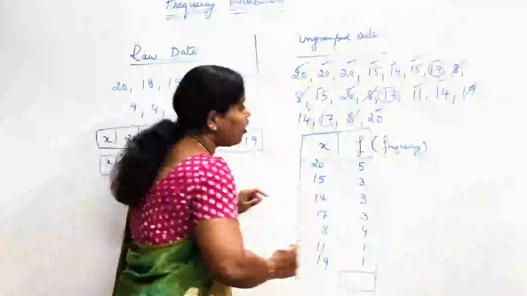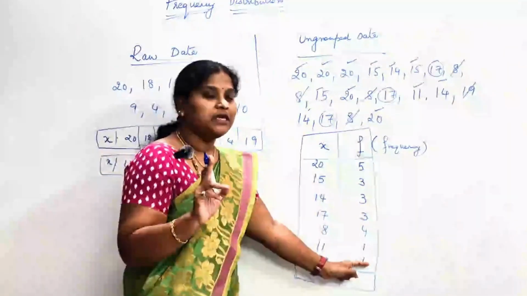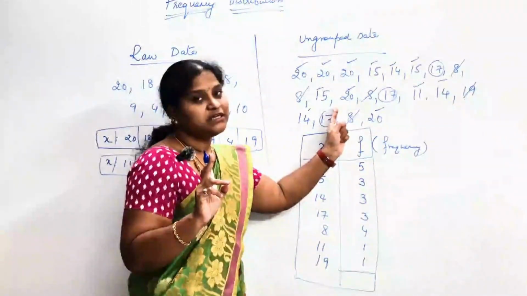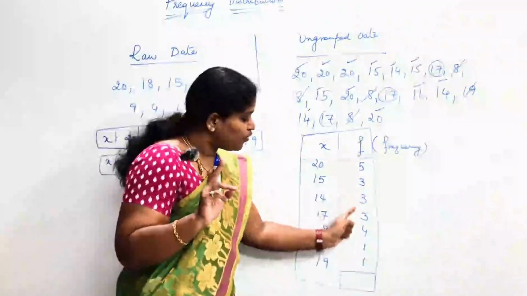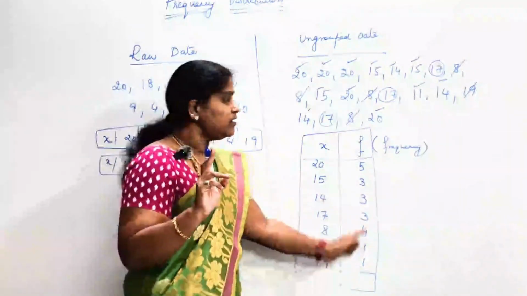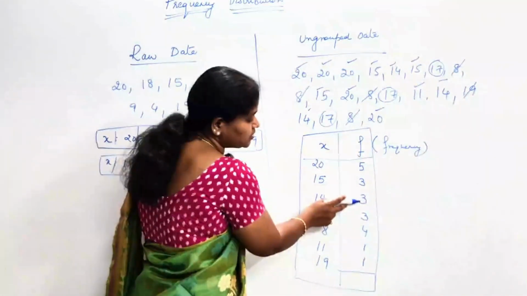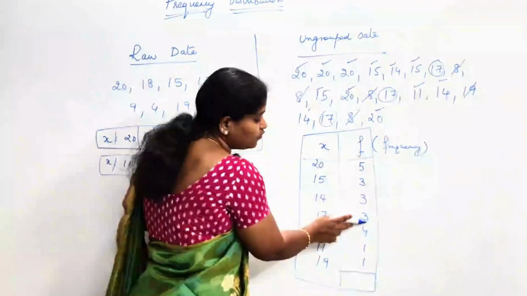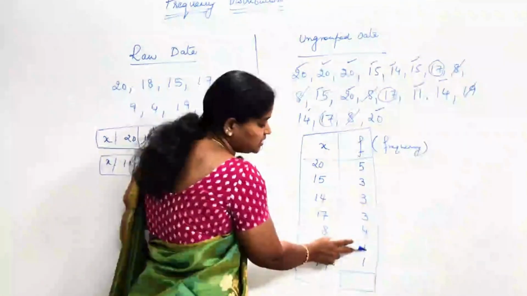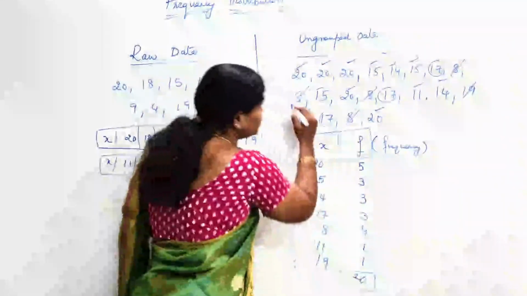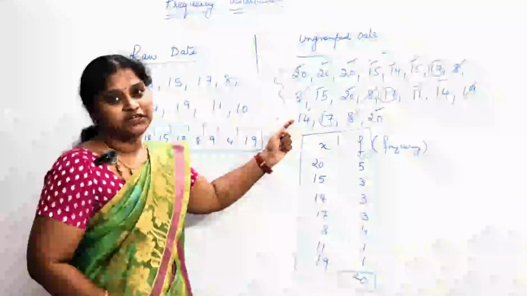And the sum of all my frequencies should be the number of values in the given data. 5 plus 3 is 8, 8 plus 3 is 11, 11 plus 3 is 14, 14 plus 4 is 18, 19 and 20, which is nothing but the number of values in the given data.